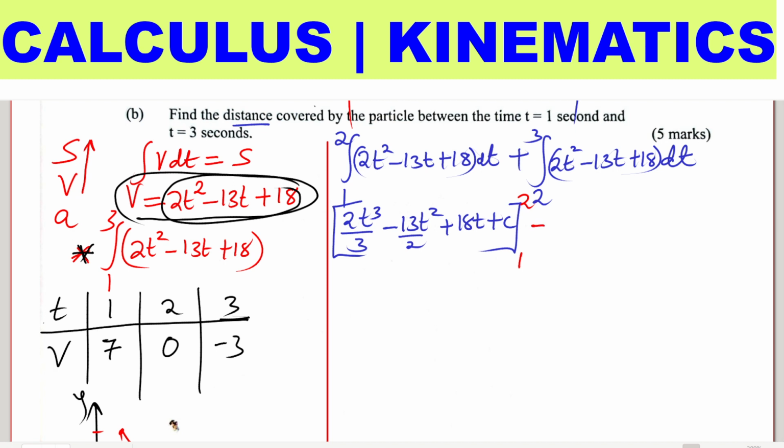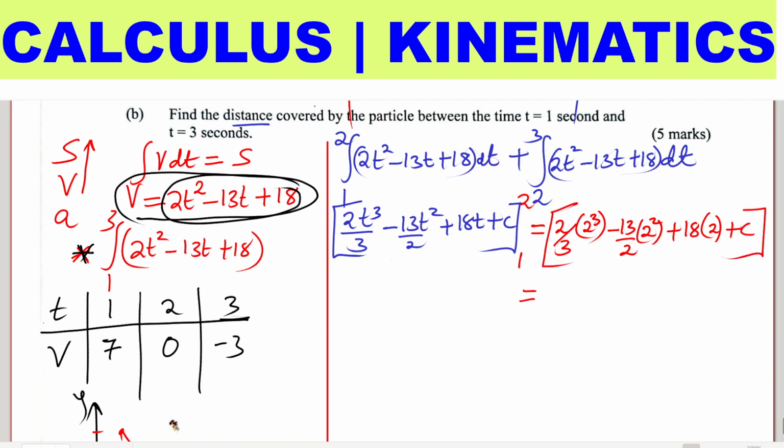So you substitute 2 first, where you have t. So you have 2 thirds times 2 cubed, minus 13 divided by 2 times 2 squared, plus 18 times 2, then minus the same expression with t equal to 1, plus c.